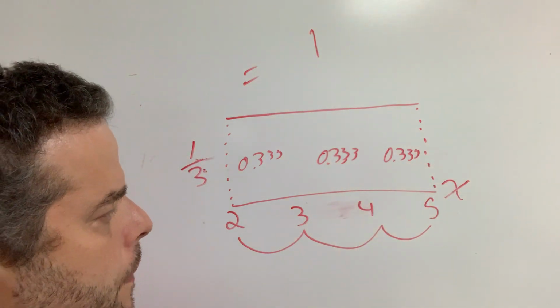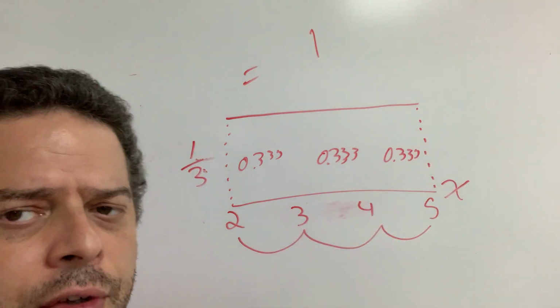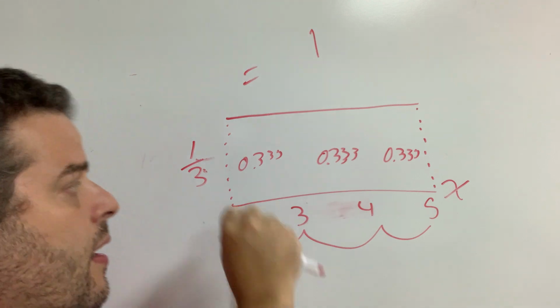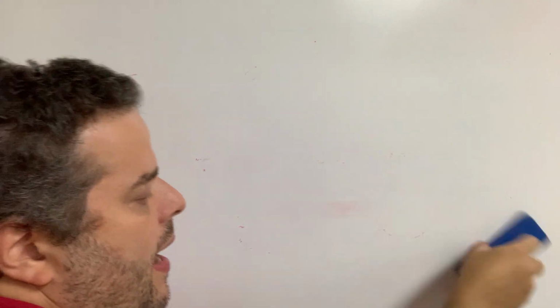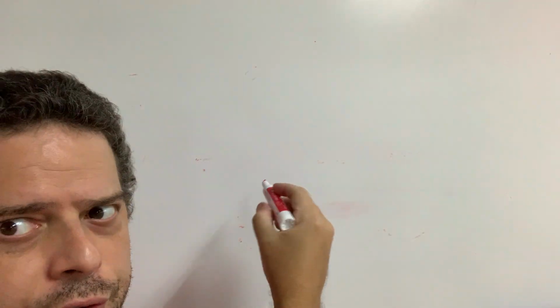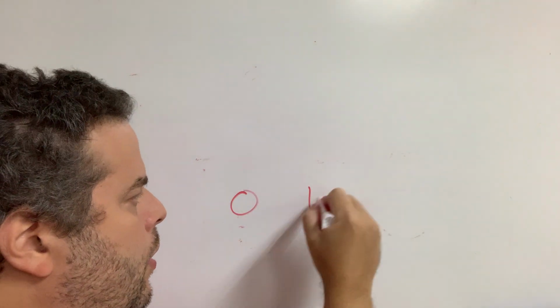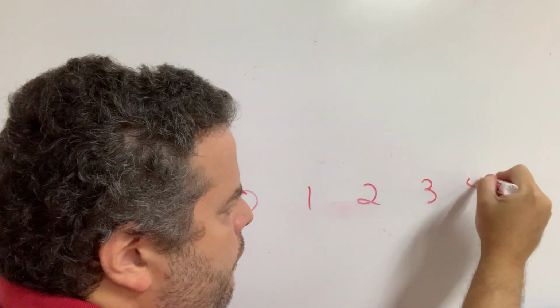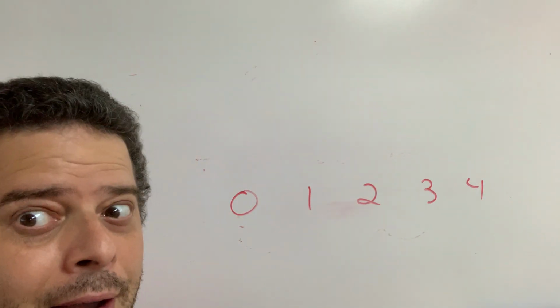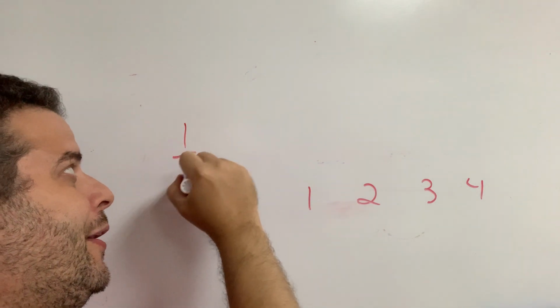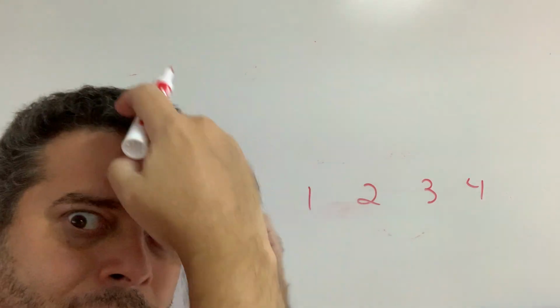So again, depending on the number of intervals in the x-axis, the height will vary. Let's say, for example, I have 4 intervals now. I go 0, 1, 2, 3, 4. Since I have 4 intervals, I have to multiply by 1/4. That is the height.